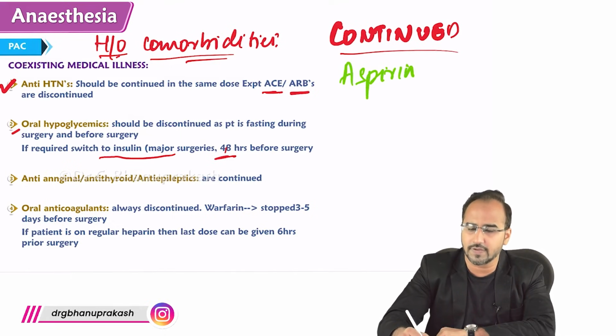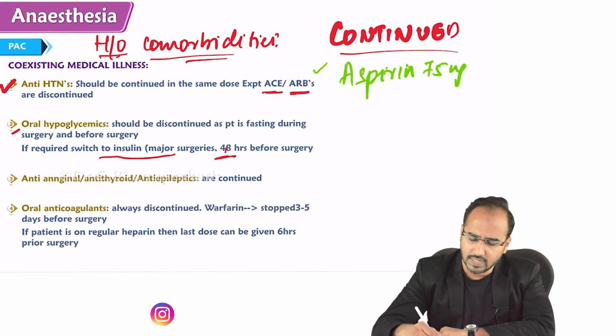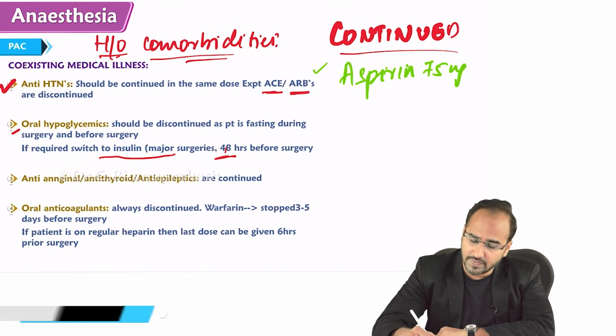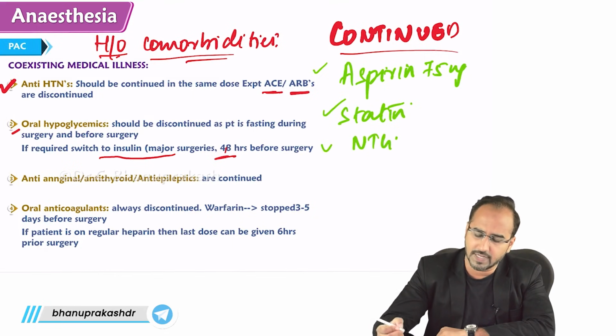Aspirin, 75 milligrams is nothing, guys. It's a baby aspirin dose, safely given. Next, apart from aspirin, what can be safely given? Statin can be safely given without any problem. NTG, nitroglycerin, can be safely given.